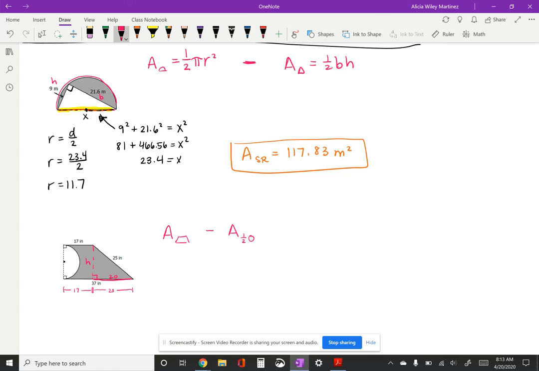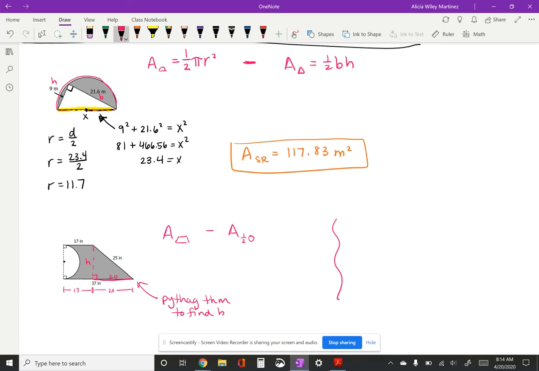So now you have enough information to use Pythagorean theorem to find h. The reason you need h is because you need to find the area of that trapezoid.